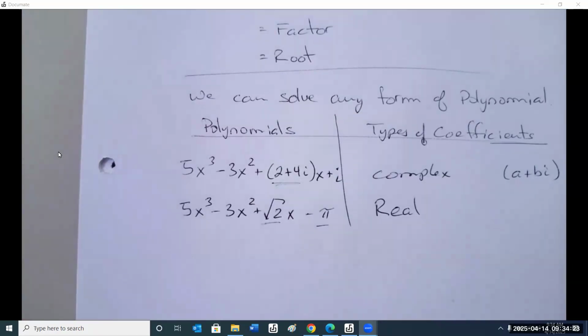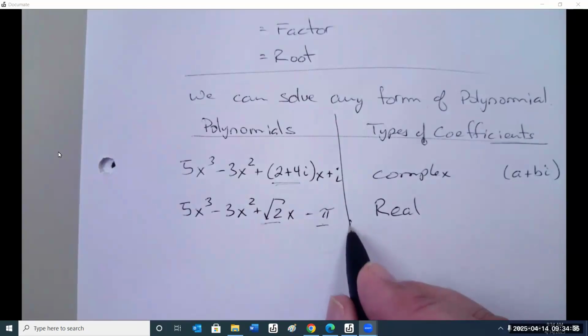By real, I mean it could be a fraction, it could be a constant, an irrational constant, like pi.